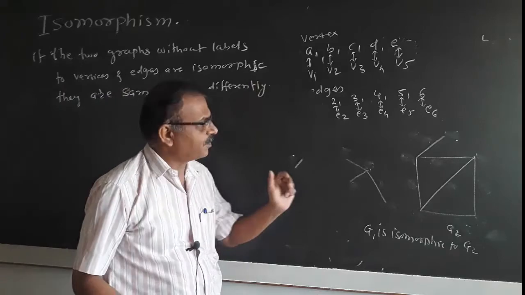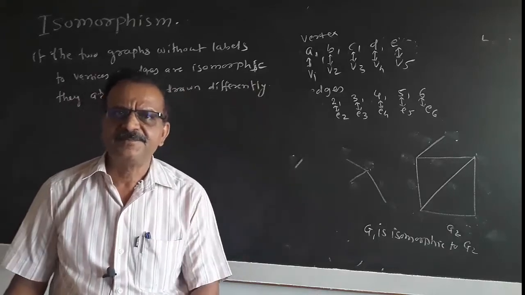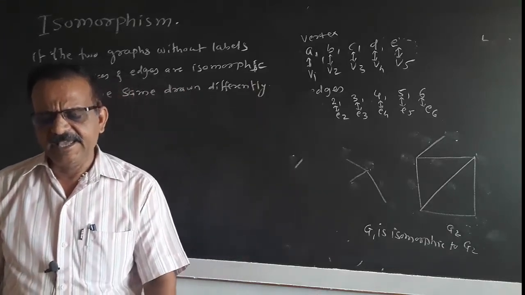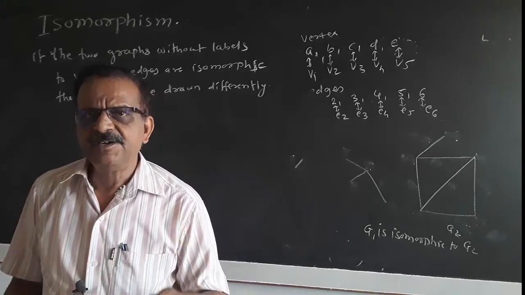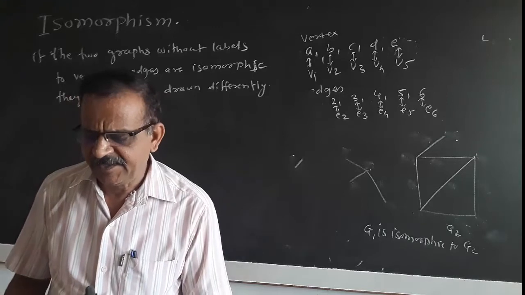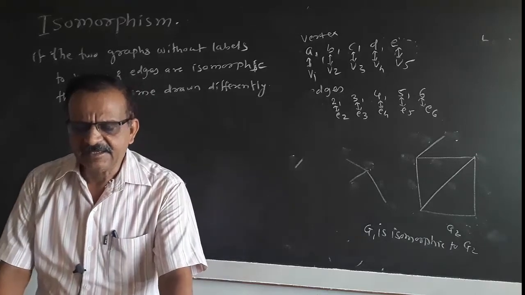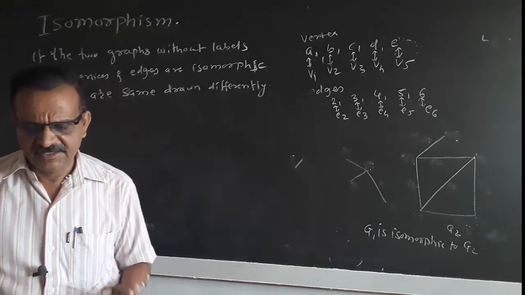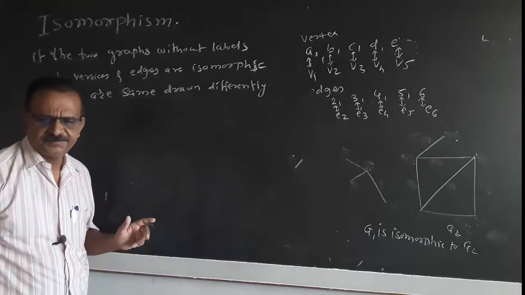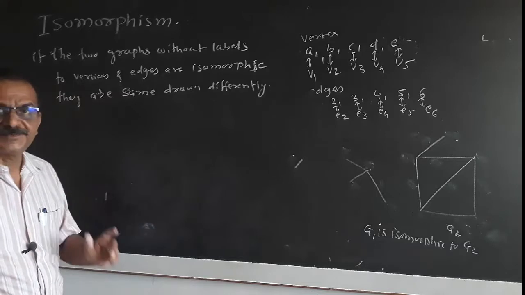Now, observe from the two isomorphic graphs that they have the same number of vertices, the same number of edges, and an equal number of vertices with a given degree. These are the conditions for isomorphism of two graphs.